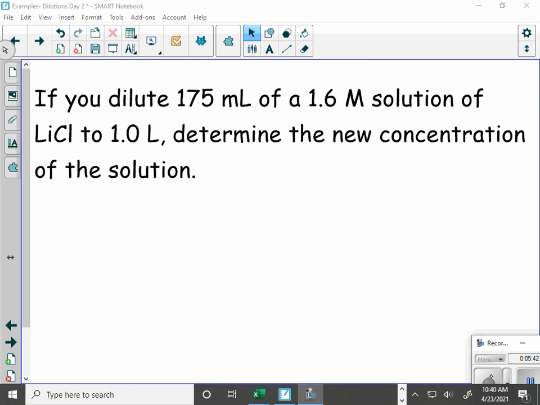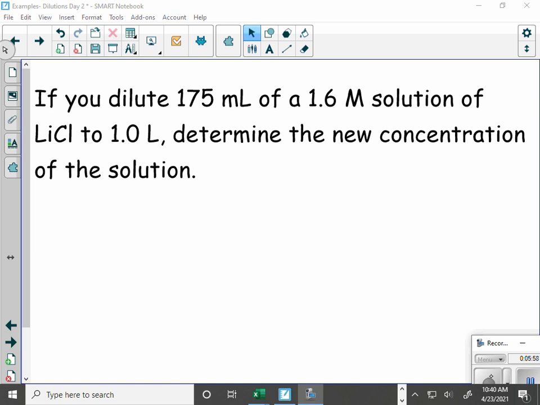Now, I am actually doing a dilution here. So, what do you think about my molarity? Will it go up or will it go down? It should go down, right? So I should have a value that is less than 1.6 molar.